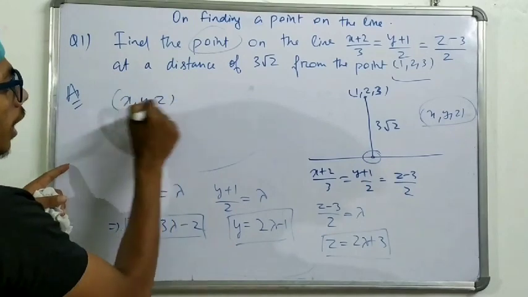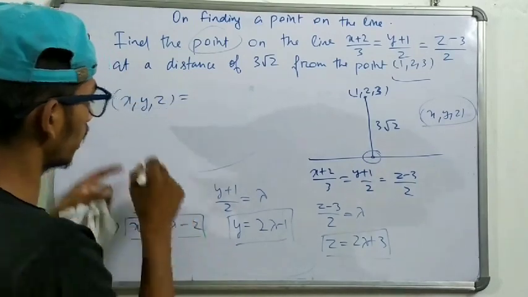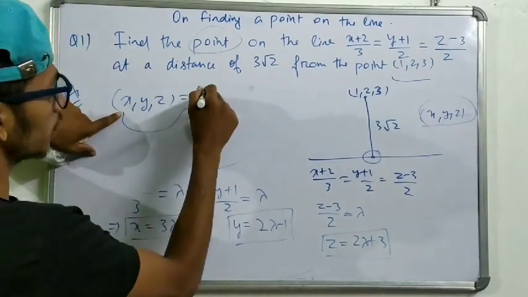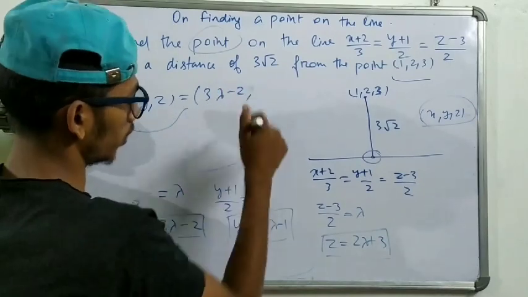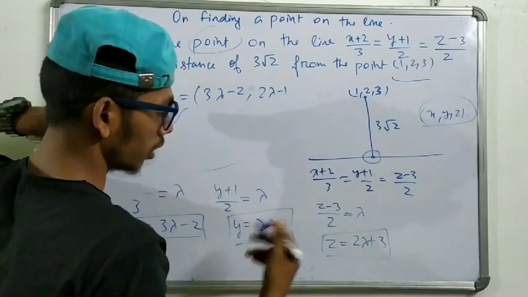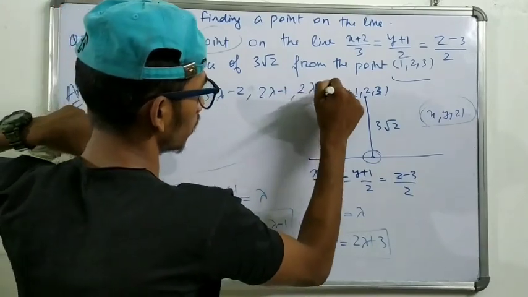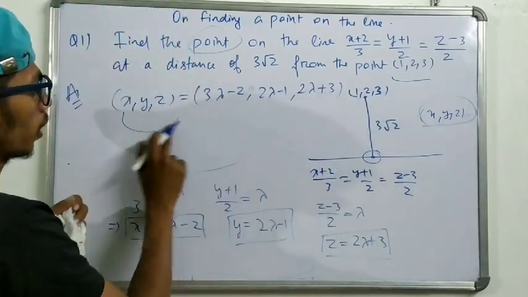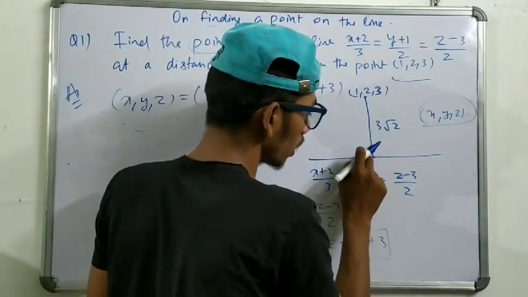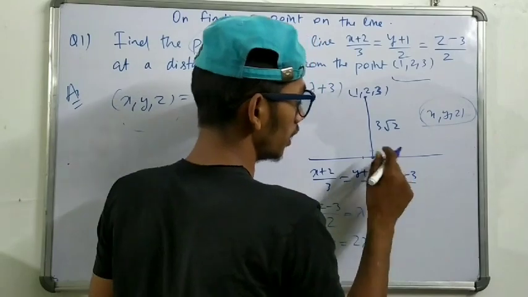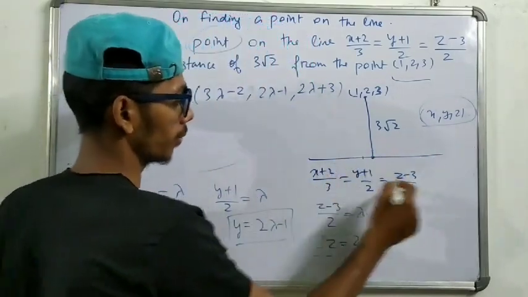X comma y comma z, where the value of x is 3 lambda minus 2 comma, 2 lambda minus 1 and 2 lambda plus 3. So I have already found this point in terms of lambda.